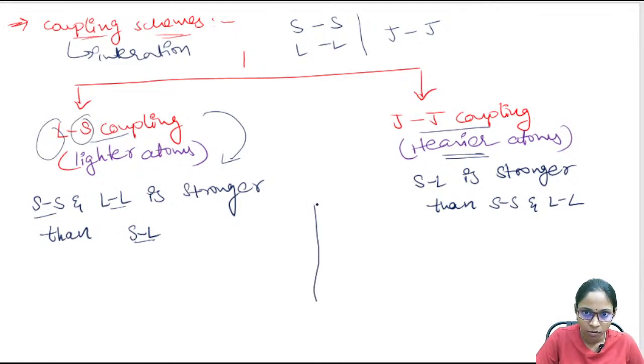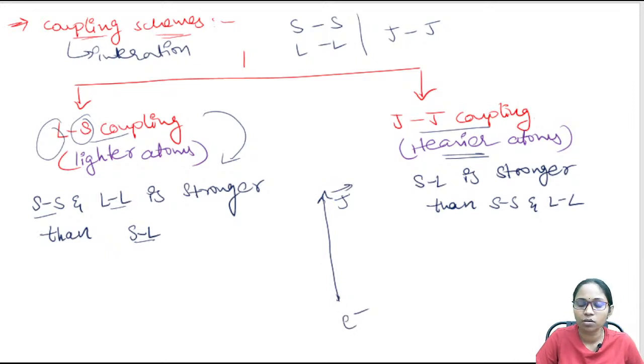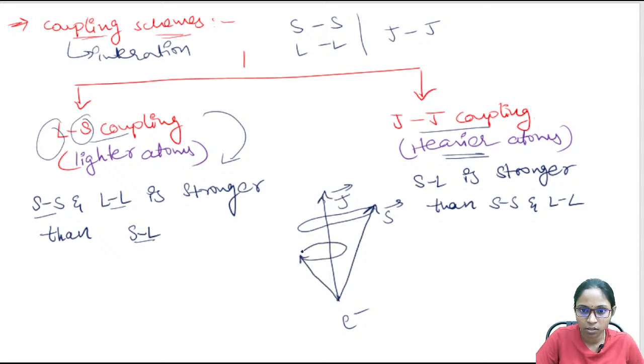If this is the direction of the J vector, that is the total angular momentum for a single electron, and this is the orientation of the spin angular momentum, and this is the orbital angular momentum, then the coupling or interaction between L and S will be LS coupling.